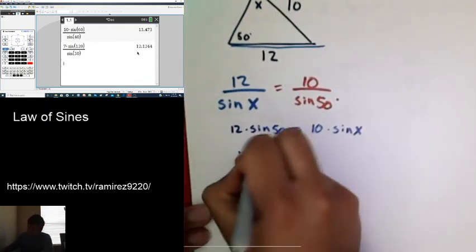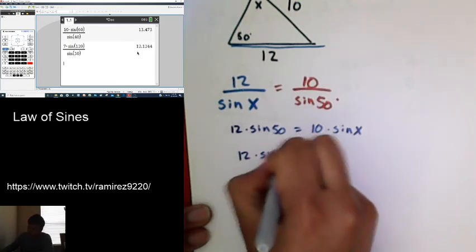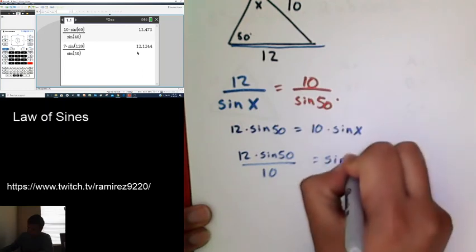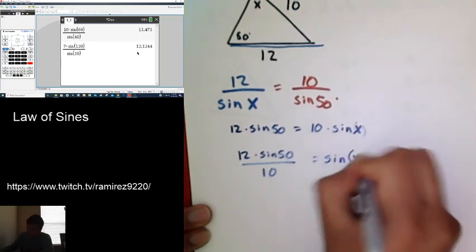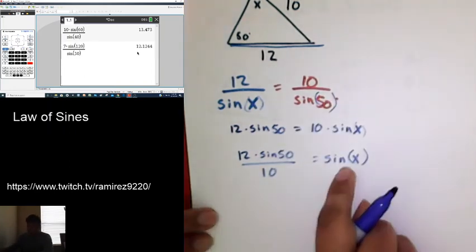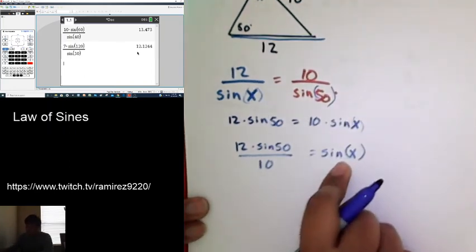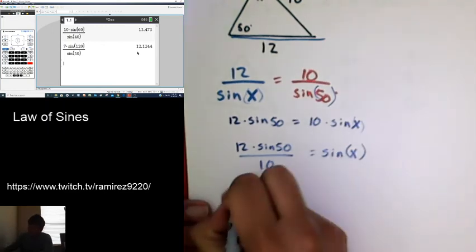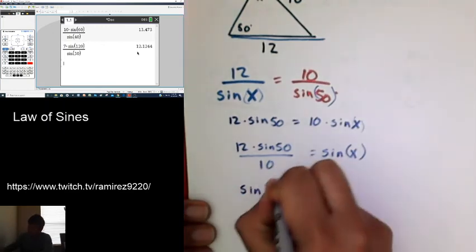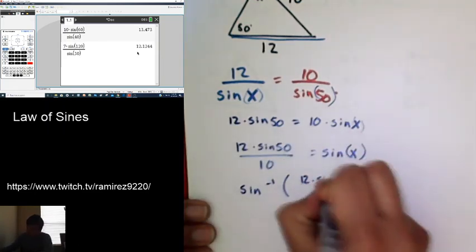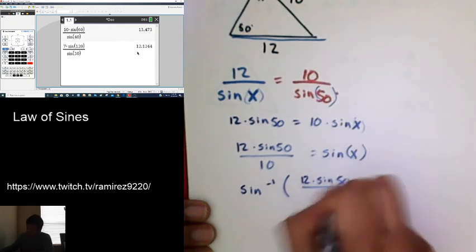So this becomes 12 times the sine of 50 divided by 10 is equal to sine of x. And just from SOHCAHTOA, if I'm looking for the x, the angle, I'm going to do inverse. So it's just the sine inverse of all that. 12 sine 50 over 10.